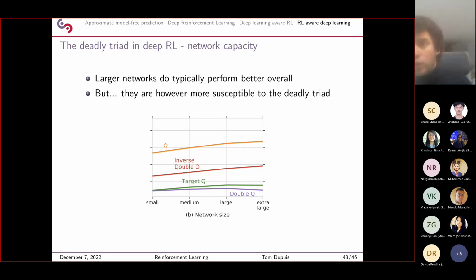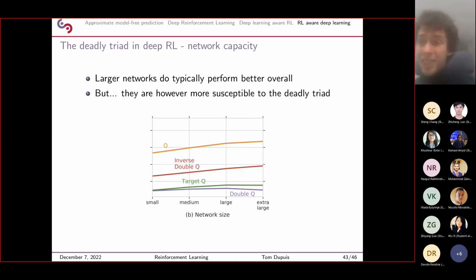Why? Well, first of all, because you are doing even more function approximation, because your network is bigger, so the importance of function approximation takes a bigger part. Also, as I said, one possibility is that deeper, bigger networks have a smoother loss landscape. They're more regularized. That's why in supervised learning they generalize better.